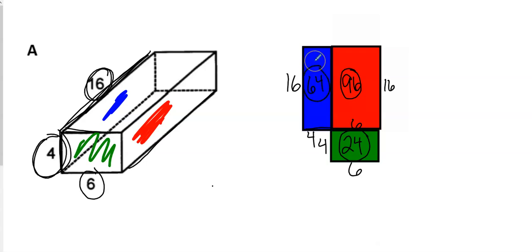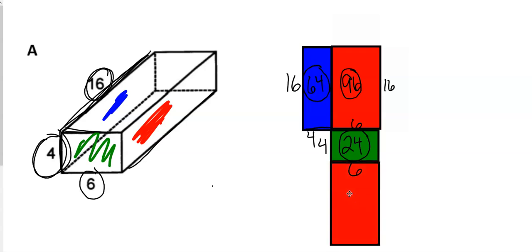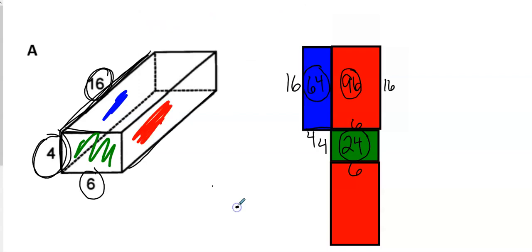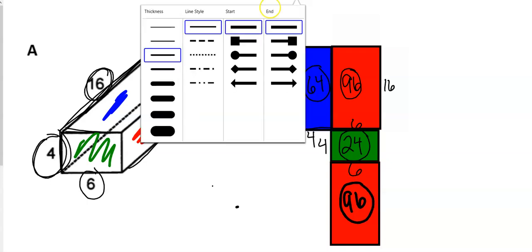All right, so now the hard part's done, because with a rectangular prism, every face has a parallel congruent face to it. So with the front of the shape, or the bottom of the shape, there's also going to be the top of the shape. So if the bottom of the shape is 96, the top of the shape is also going to be 96 square units.